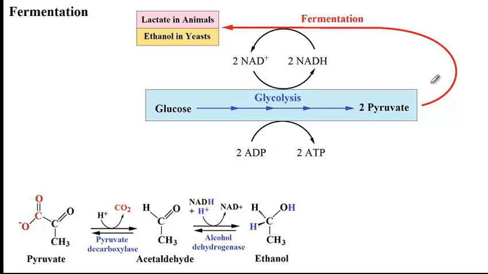During glycolysis, NAD plus is converted into NADH in order to generate ATP. But the problem is that if we run short of NAD plus, glycolysis cannot carry on anymore. So therefore, by undergoing fermentation, the NADH can be converted back to NAD plus in order to allow glycolysis to go through.